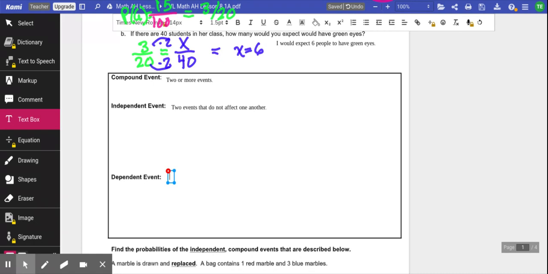So the first thing I did changed what's in the sample space for the next thing. So here, one of the events has an effect on the other event.